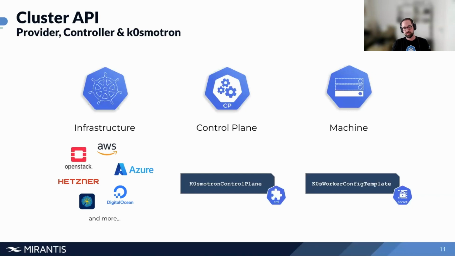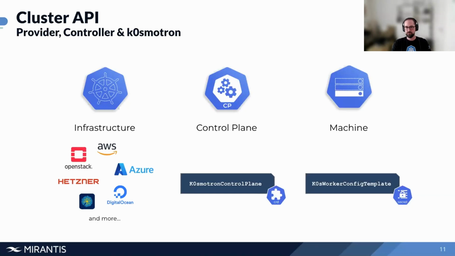And we have the machines, and those machines can be provisioned by using the k0s worker config template, which is nothing else than a hidden cloud-init. So if you create a machine with Cluster API, there's a cloud-init script which is being used to deploy anything that needs to be deployed to that machine.